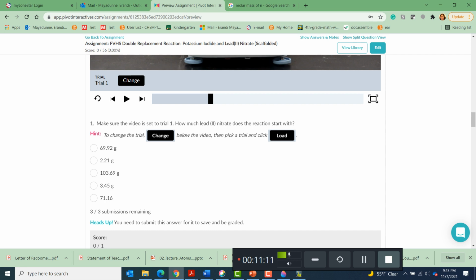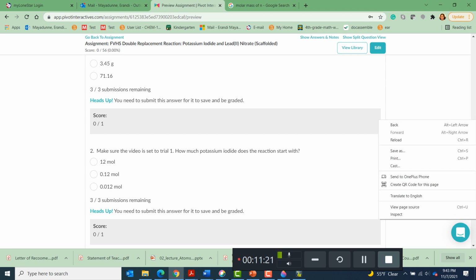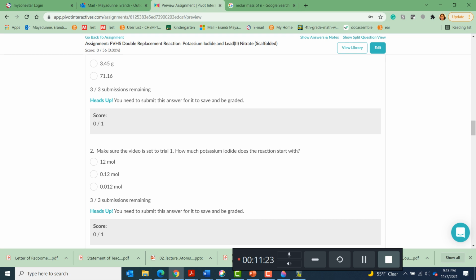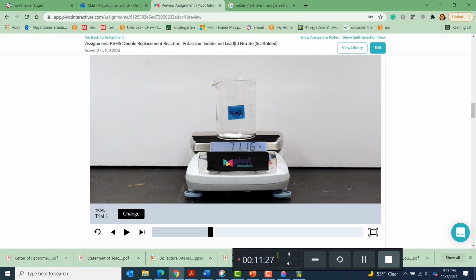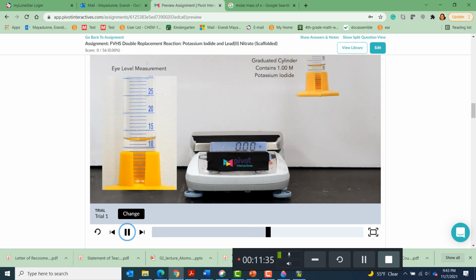Then they ask, make sure the video is set to trial one, how much potassium iodide to start with. So let's look at the potassium iodide moles, right? They ask for the moles. Let's see how to find the moles. They finished the lead nitrate part here. Now we are going to the potassium iodide.